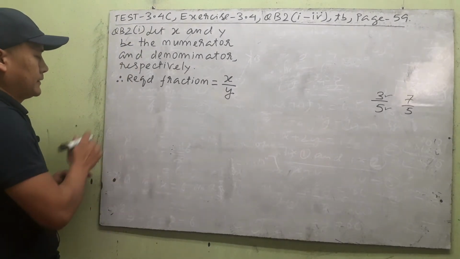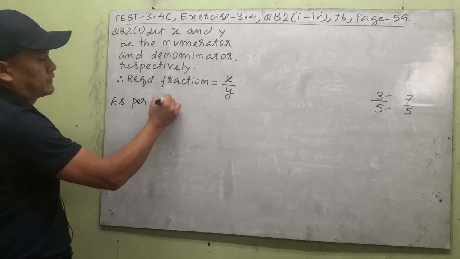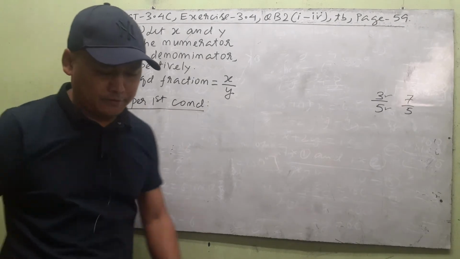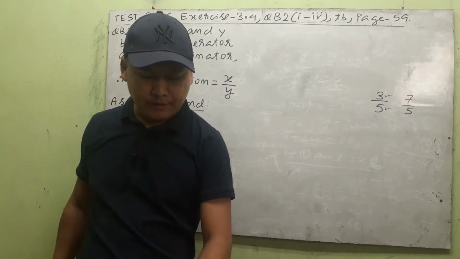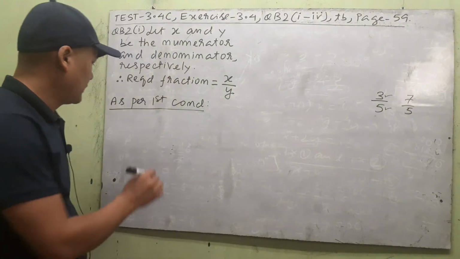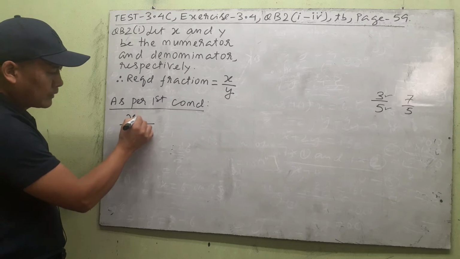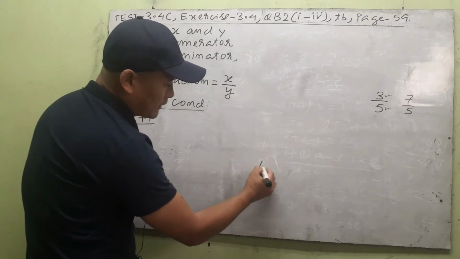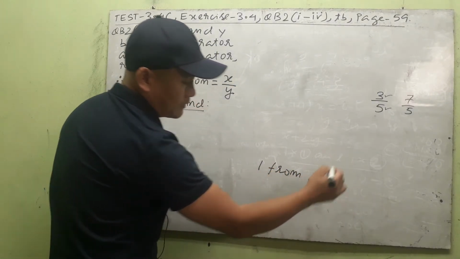So let's start here. As per first condition, if you look into your question, it is saying, if we add 1 to numerator, subtract 1 from denominator. So original is x by y. We add 1, means plus 1 to numerator, subtract 1 from denominator.